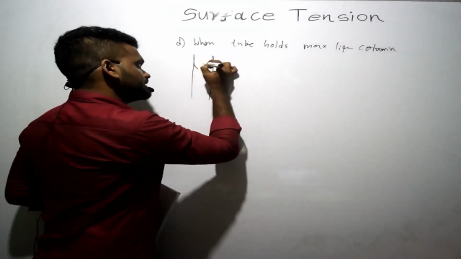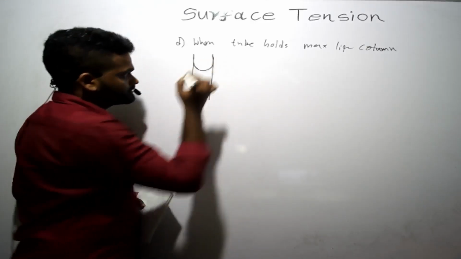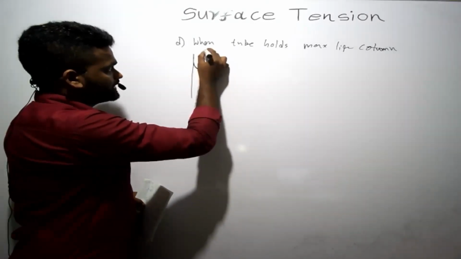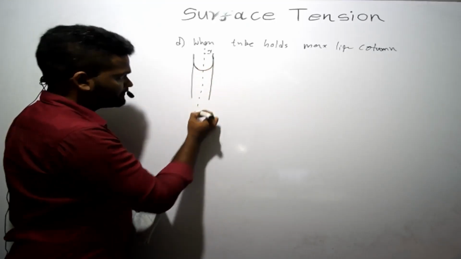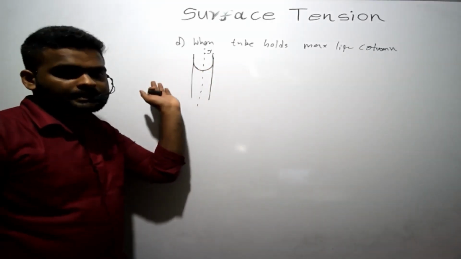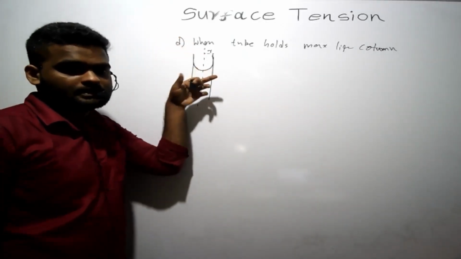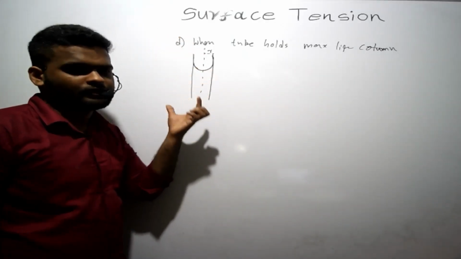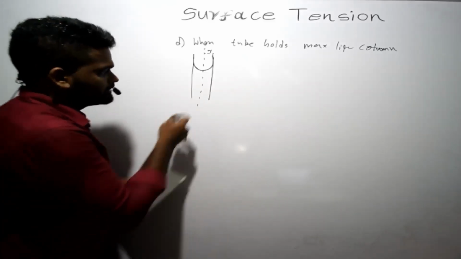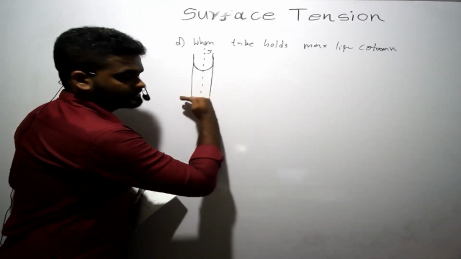Top meniscus, it is hemispherical, right? It's always hemispherical. Radius R. So I'm putting liquid as much as possible, right? So what's the maximum case? Initially this was like this, then became flat.